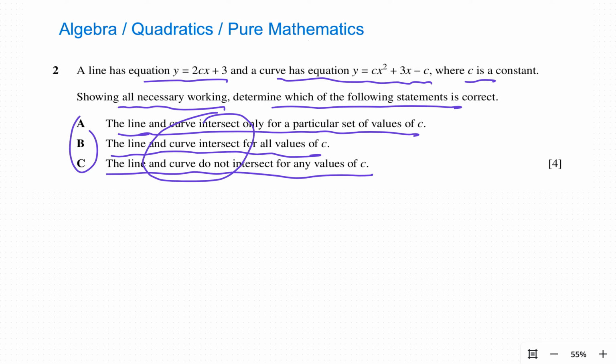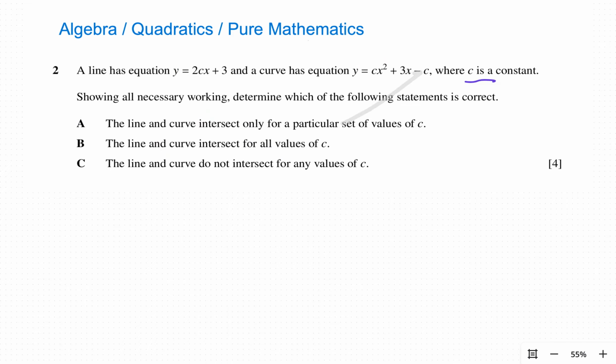So to do that, all that we need to do is we have y is 2cx plus 3 and y equals cx squared plus 3x minus c, so we can equate them. So let's start that.